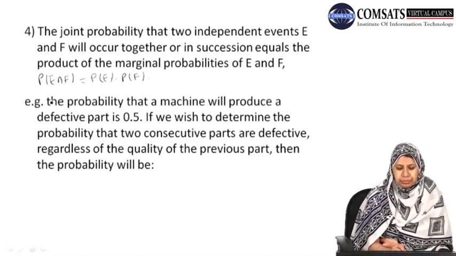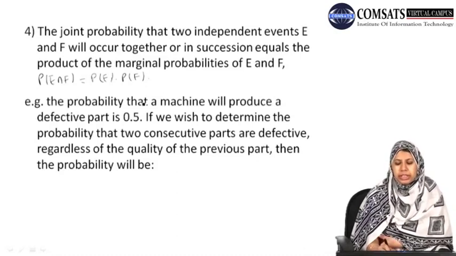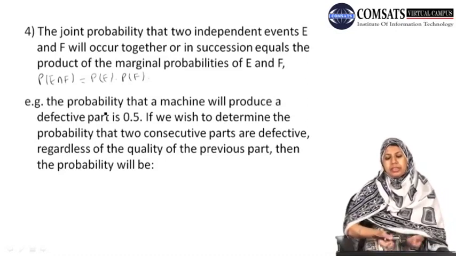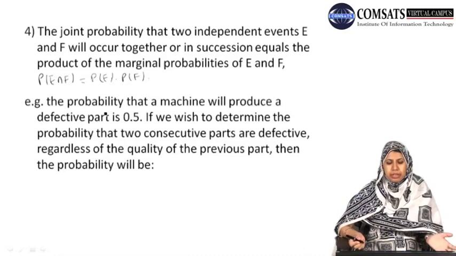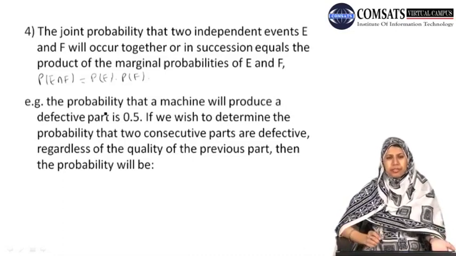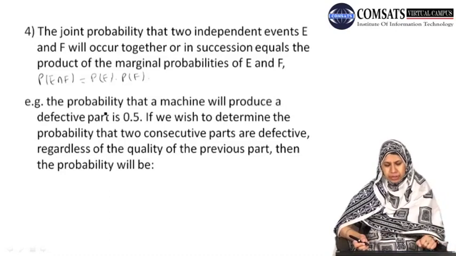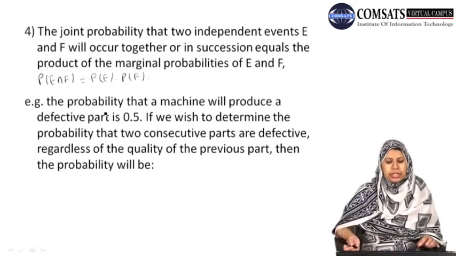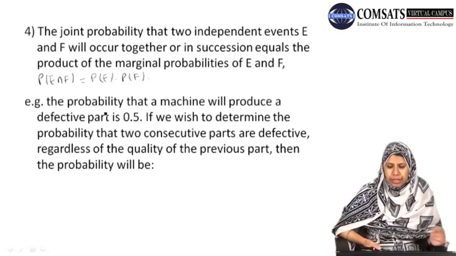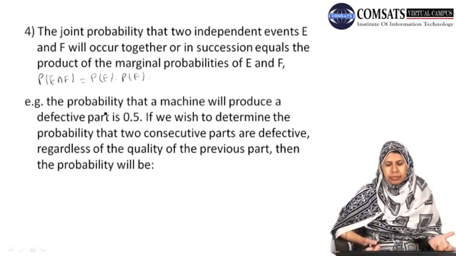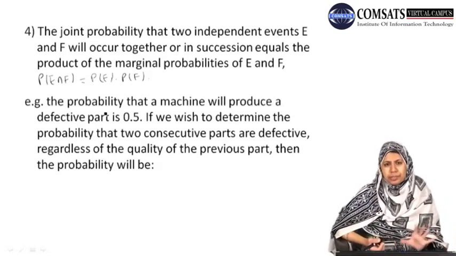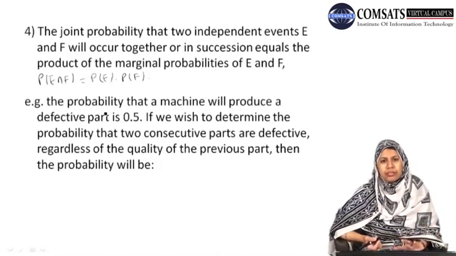For example, the probability that a machine will produce a defective part is 1 by 2. That is, a machine will either produce a defective part or an acceptable part. If we wish to determine the probability that two consecutive parts are defective, this is the case of independent events, because if the first part is produced defective, it will not affect the production of the second part.